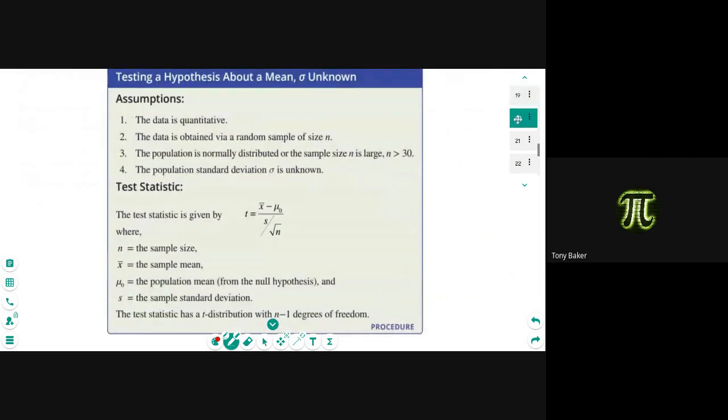All right. The only difference between Z and T is that in T, we don't have the population standard deviation. Okay, we have to use the sample standard deviation. All right. Everything else we did is identical. Doesn't change.